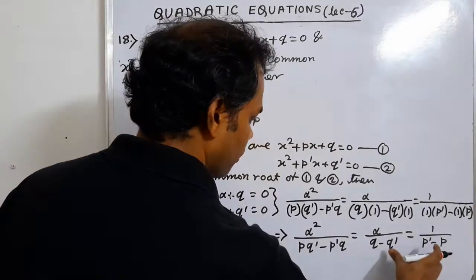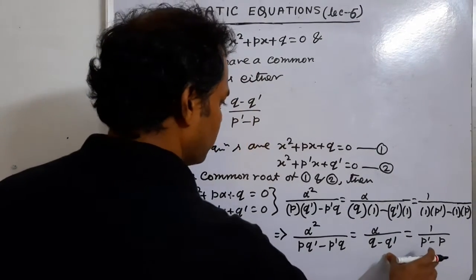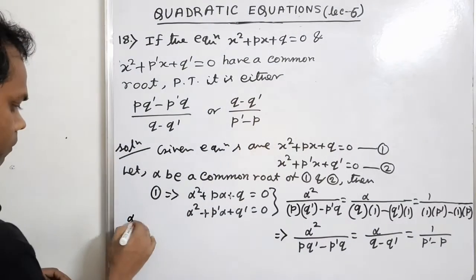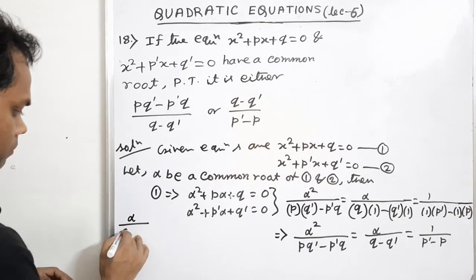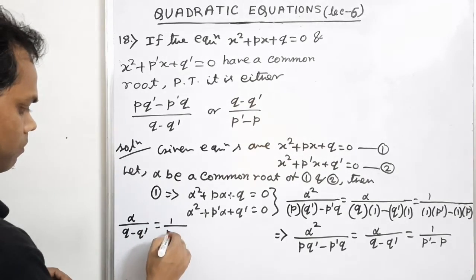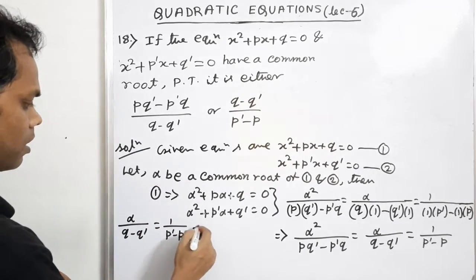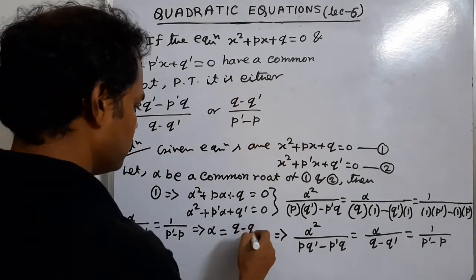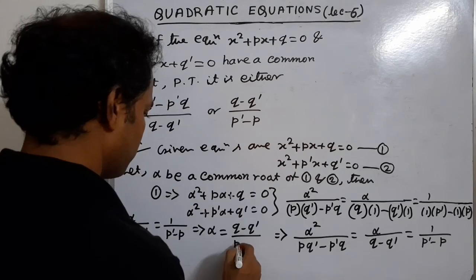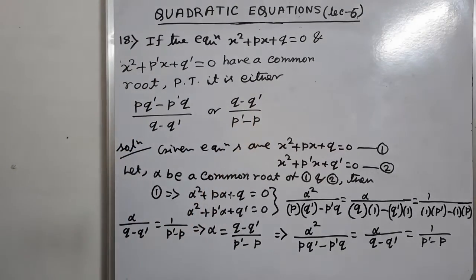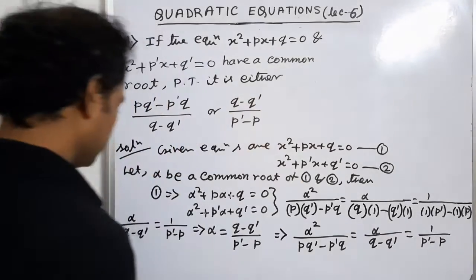From these two relations, alpha by this one and 1 by this one, alpha equals q minus q dash by p dash minus p. This is one root.